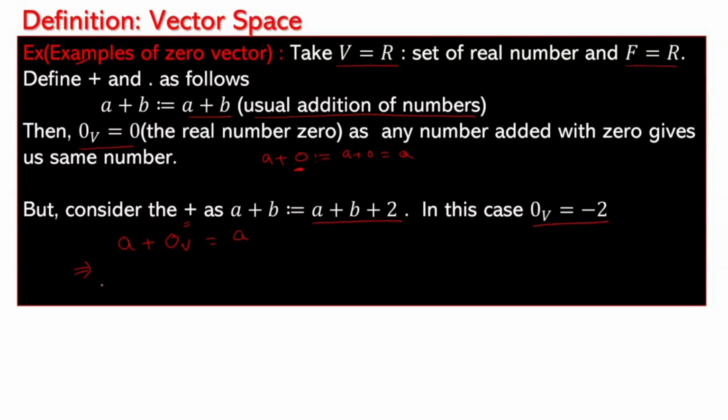Now a plus 0v, by definition, is a plus 0v plus 2 equal to a. So this implies 0v is equal to minus 2.